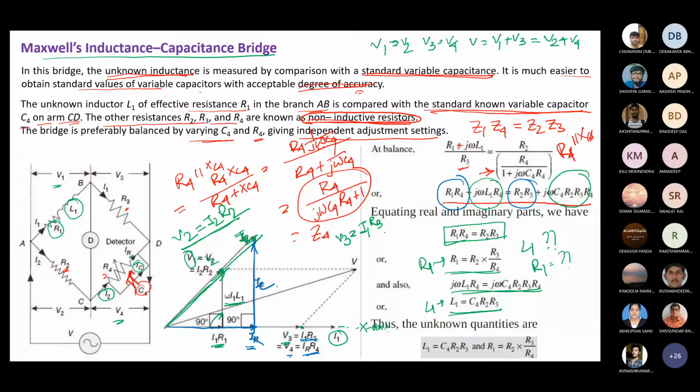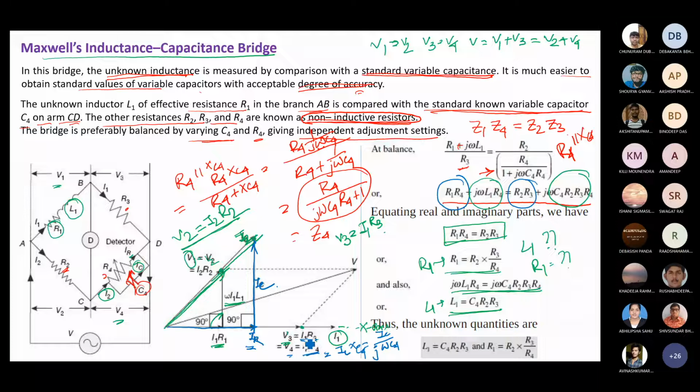V4 also equals IC into XC4. What is XC4? It is IC by j omega C4. That j, when coming to that point, will come as minus j IC by omega C4. So that is also similar to V4.